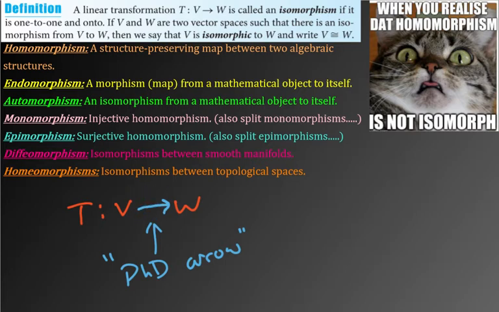These arrows can be all sorts of different things. You can read about these online. I'm never going to test you on all these things. So this joke is something that I have vivid memories of, because I would make some sort of map. A homomorphism is a structure-preserving map between two algebraic structures. But sometimes that thing is not an isomorphism.